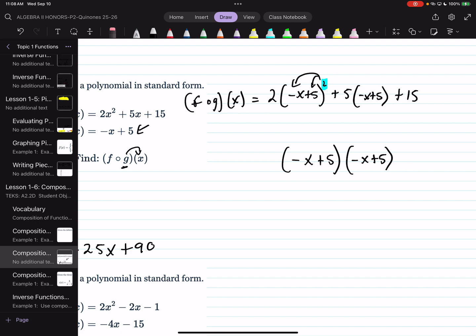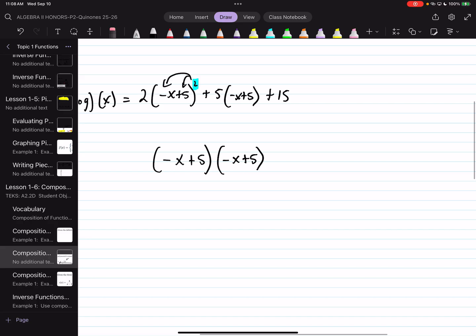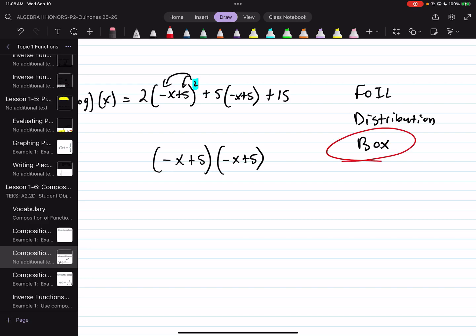The majority of you, well, all of you took Algebra 1 at some point before getting here. There were 3 ways you were introduced to do this: FOIL, distribution, or the box method. I highly recommend you use the box method. The box method is what I like to call our Punnett square.